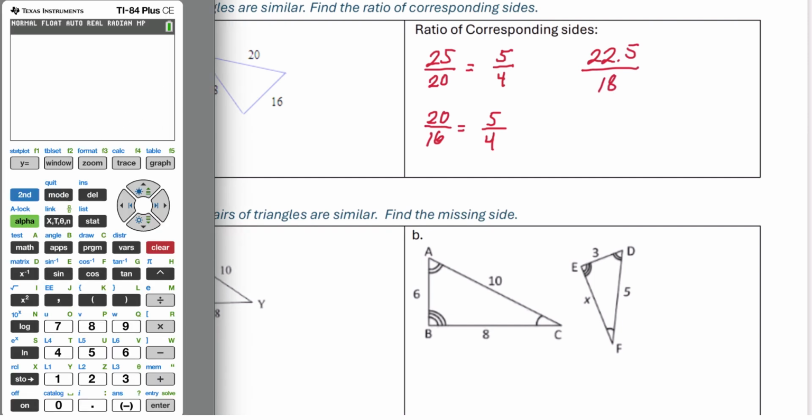This one may be a little more challenging since we have the decimal, but we can do the division to help us. We get 1.25, which we can then convert to a fraction, 5/4. Notice the ratio is always the same. The ratio of corresponding sides is 5/4.